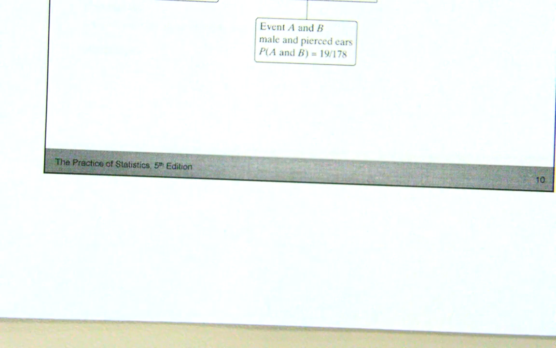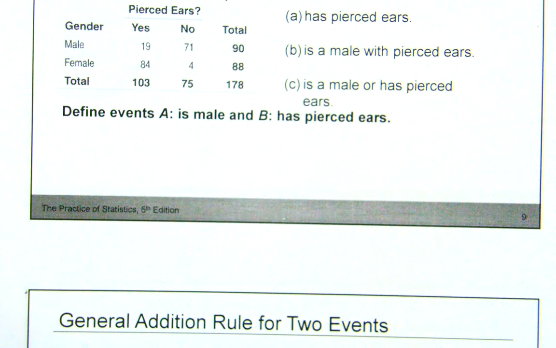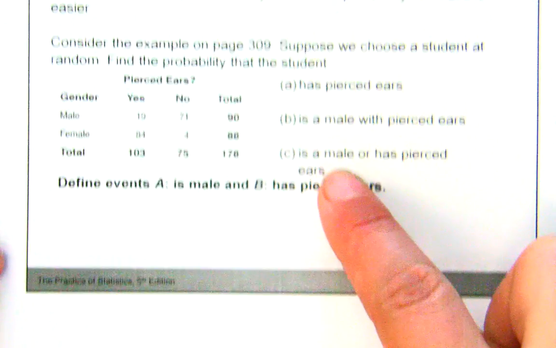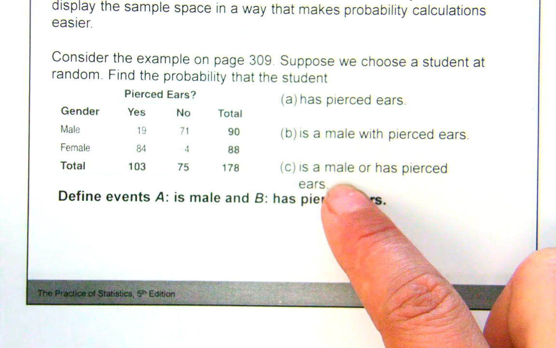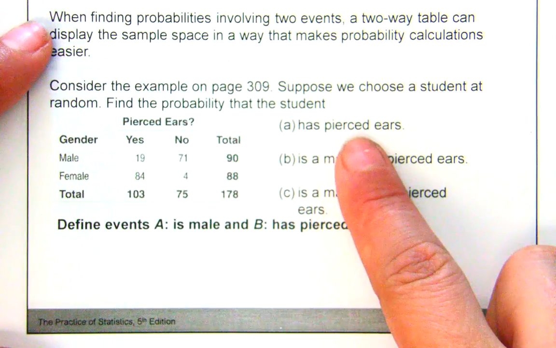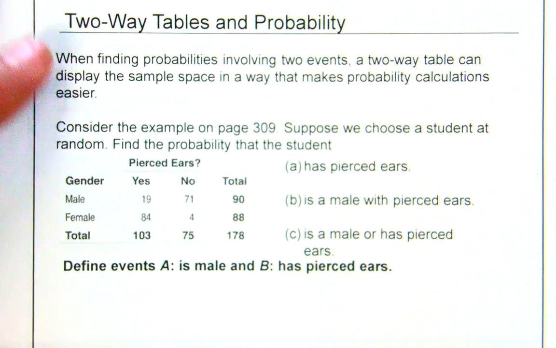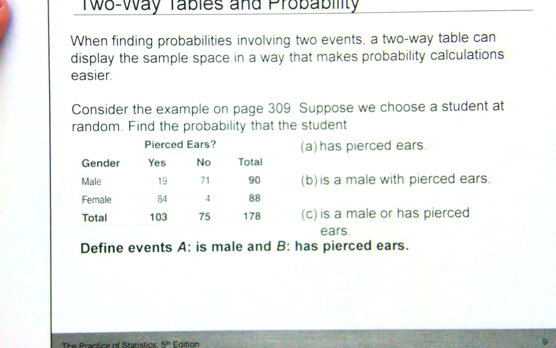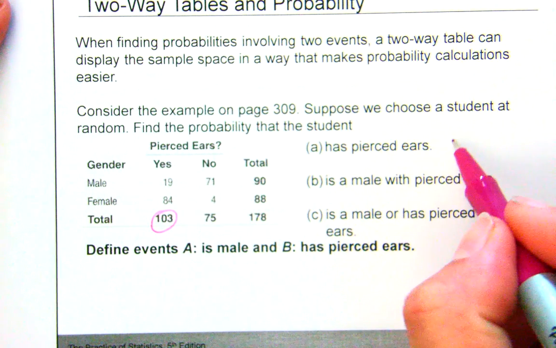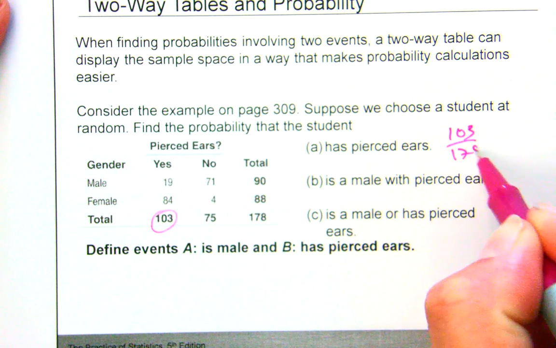Okay. All right, next one. Which is actually what we just did. Didn't I do this? Oh, we did the last one. We did C, is a male or has pierced ears. That was the last one we just did. So I didn't do has pierced ears. So everyone who has pierced ears is 103 out of 178.